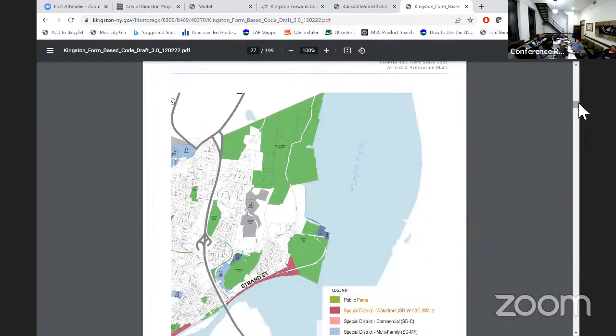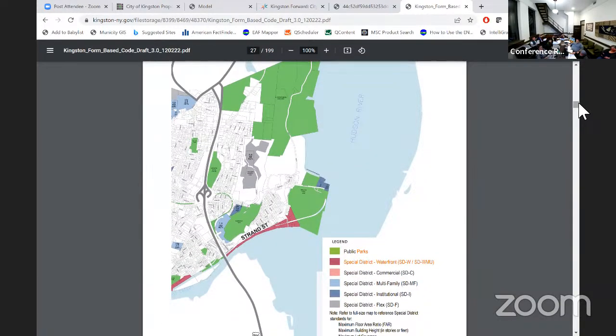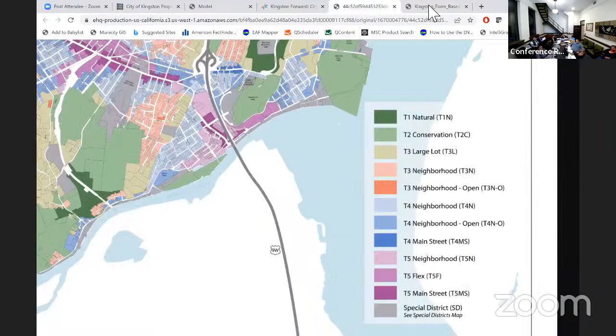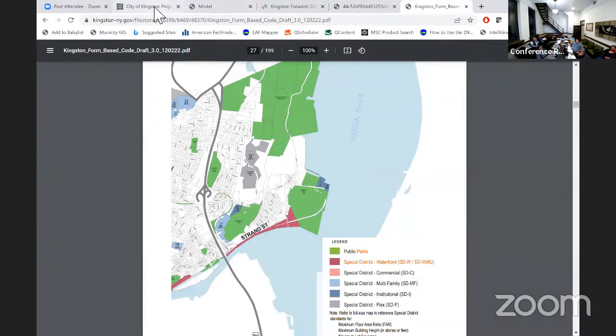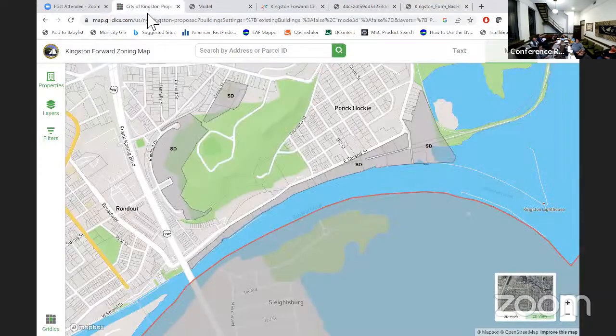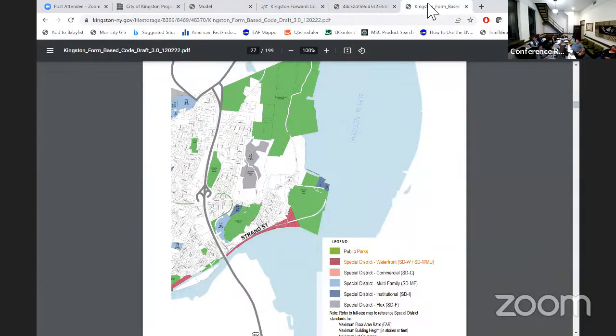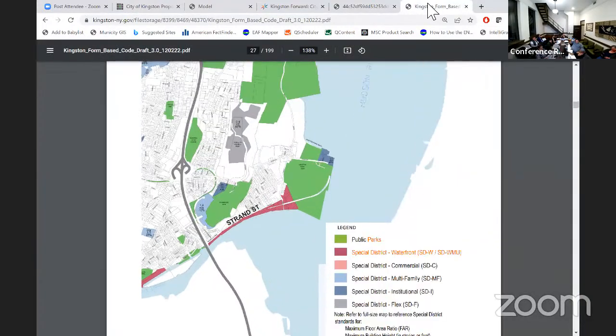Right there, you got it. You can't pull up the whole map? I don't think I can make that a separate color, because it's confusing with the other special districts.